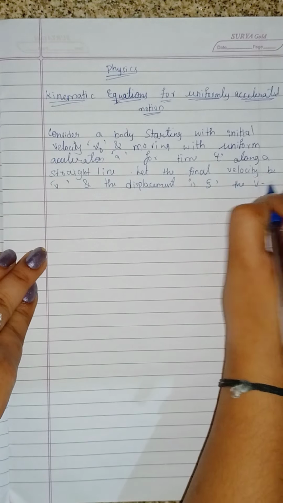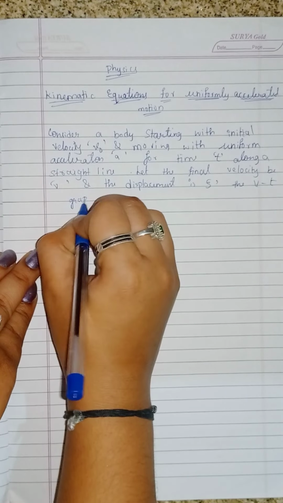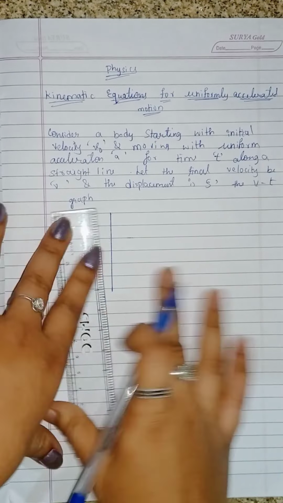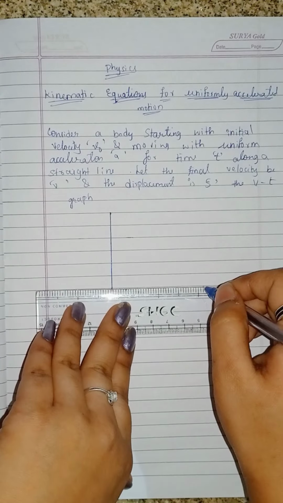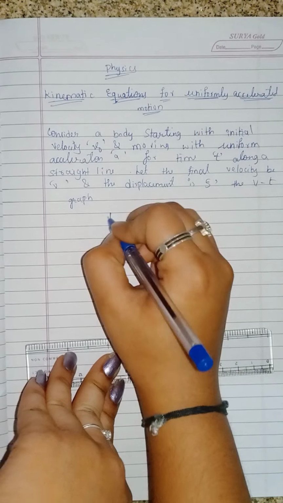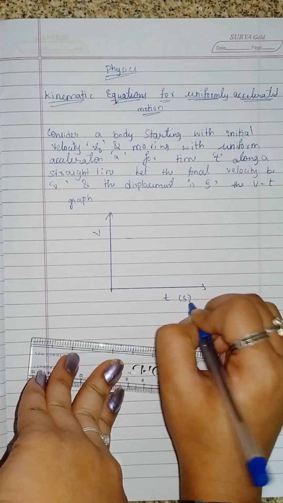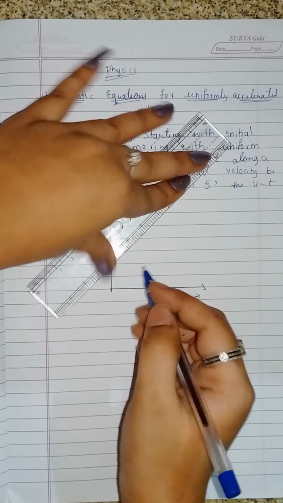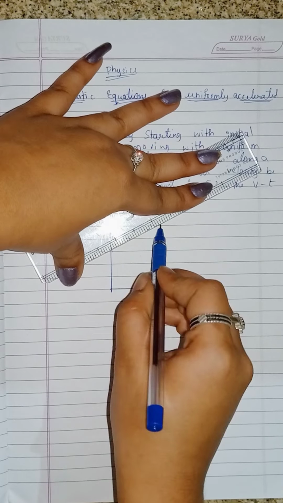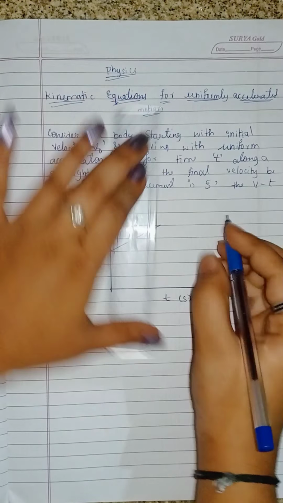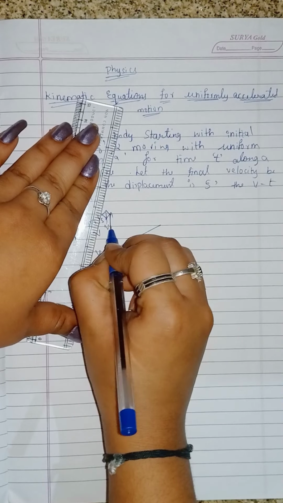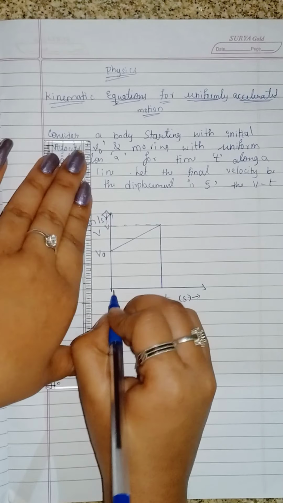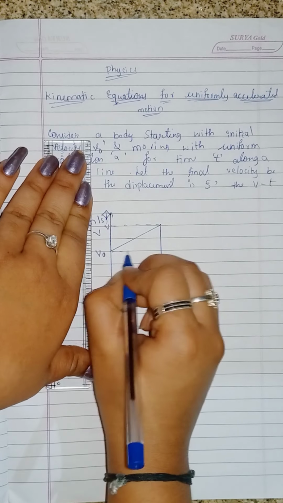The vt graph of this, so we are taking a velocity time graph, where the object starts from a velocity v naught and ends at velocity v, and the time interval for this is t.